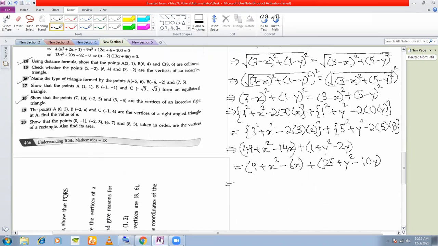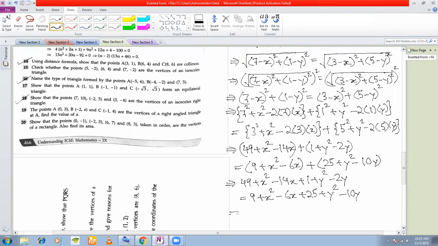Now you open the brackets on both sides. 49 plus x square minus 14x plus 1 plus y square minus 2y is equal to 9 plus x square minus 6x plus 25 plus y square minus 10y.